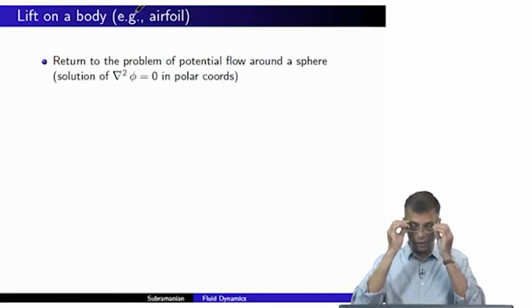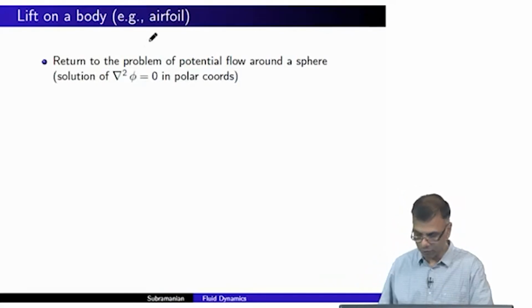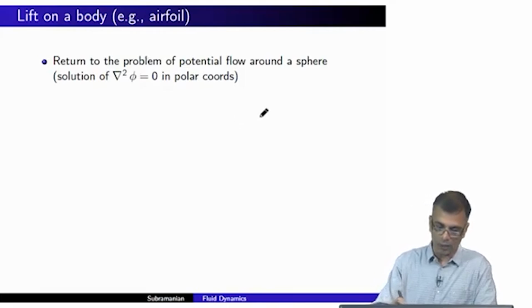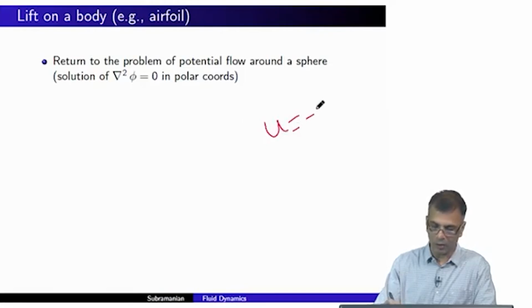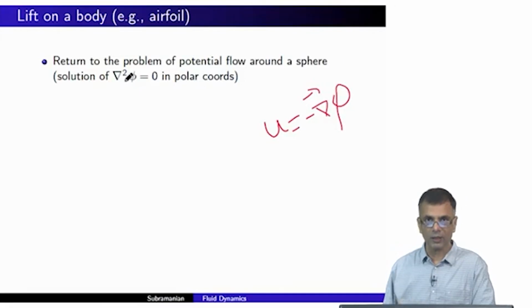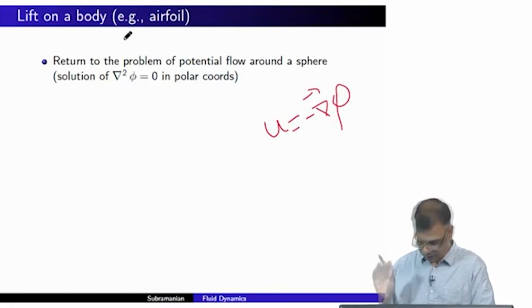Remember, essentially we had said that the problem of potential flow is a solution of del square phi equals 0, the Laplacian, where the velocity u would be equal to the gradient of phi. In other words, this phi is really the velocity potential, right?